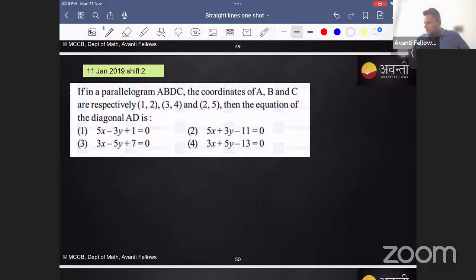If in a parallelogram ABCD, the coordinates of A, B, and C are respectively (1, 2), (3, 4), and (2, 5), the equation of the diagonal AD is.